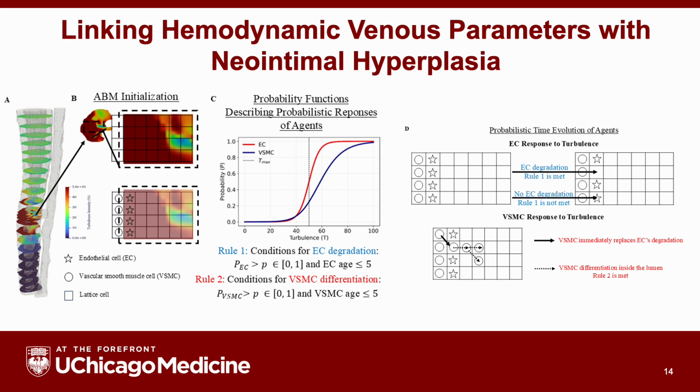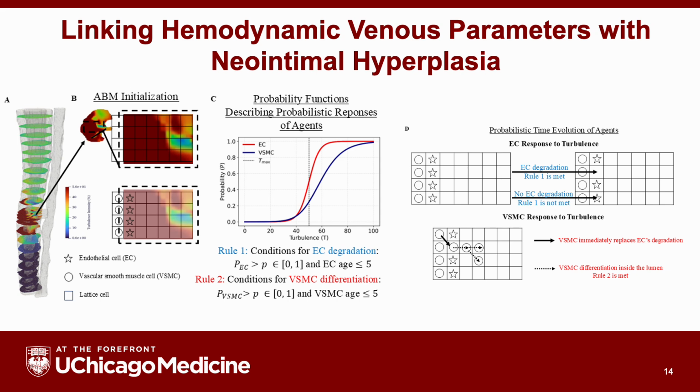To test this hypothesis, we developed two mathematical probabilistic rules to describe these two cellular processes. We assume that the degradation and differentiation are governed by two probability functions. Each function is determined from the turbulent state and its value ranges between 0 and 1, as shown in the red and blue curves here.